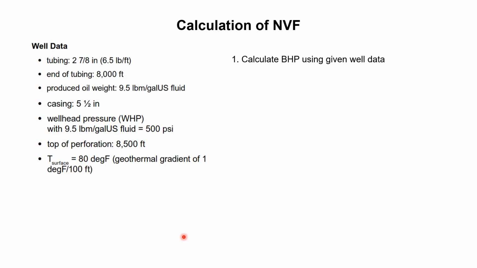So in the calculation of NVF, the first step is that we have to calculate the bottom hole pressure using the given well data. So bottom hole pressure is equal to pressure of column of oil plus wellhead pressure. We know that if we want to calculate the pressure of a given fluid column, then we'll use the hydrostatic formula, 0.052 into rho into h.